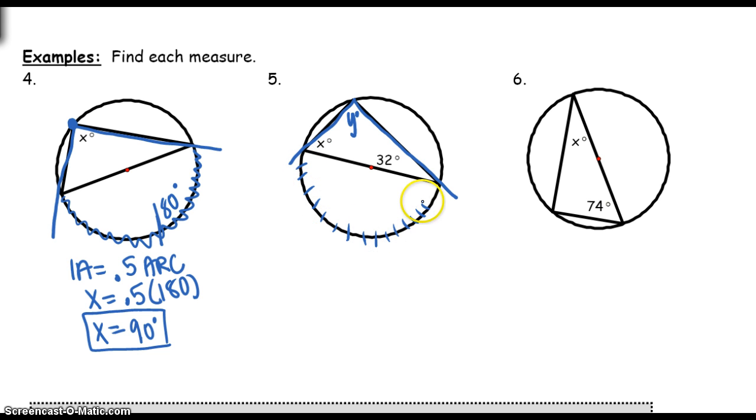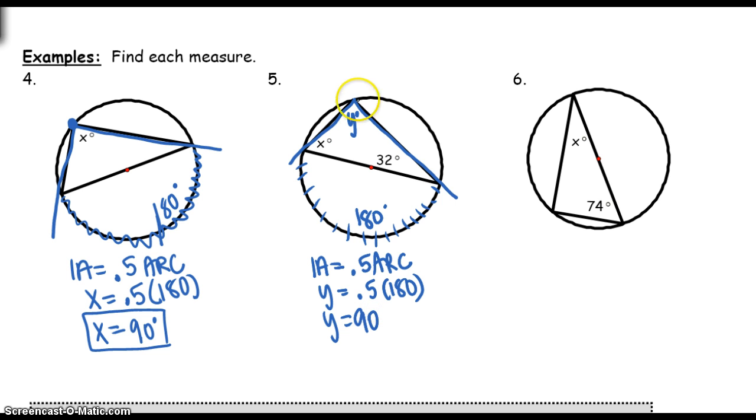How many degrees is this? Do you notice that it's half of a circle? So it's 180 degrees. So again, the intercepted angle here is going to be half of the arc that it eats. Our angle here is going to be y, and that's half of the arc, which is 180. And then if you work out 0.5 times 180 on the calculator, you'll get y is 90 degrees.